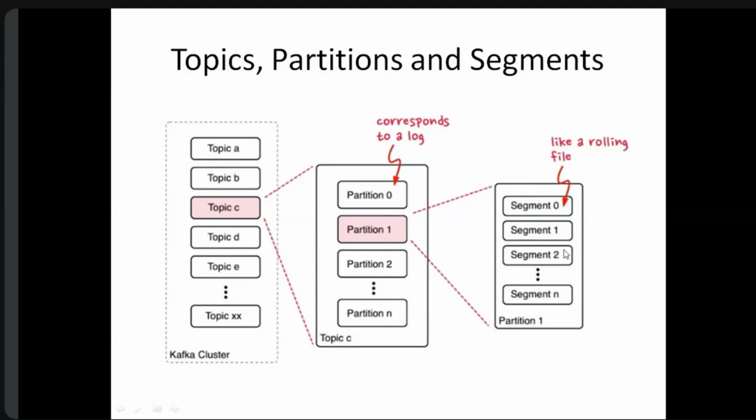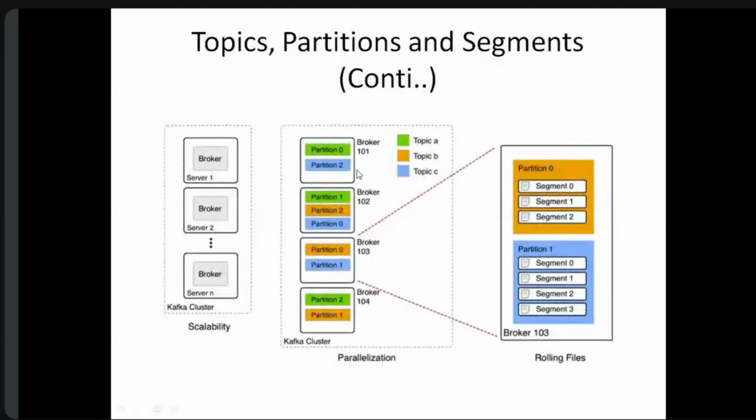So the first data will go as segment 0, the second as segment 1, the third as segment 2, like that. So you can assume that a partition is kind of a log file, and whenever you write data, each data goes to a particular location. That location is called a segment. Got it?